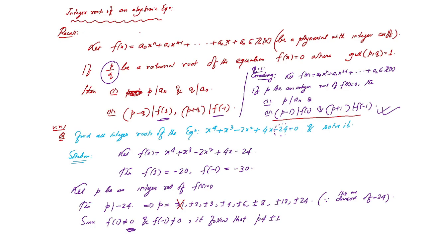Since p minus 1 divides f(1), and f(1) is minus 20, from that we can say p is not equal to minus 2, 4, minus 6, 8, minus 8, 12, minus 12, 24 and minus 24.